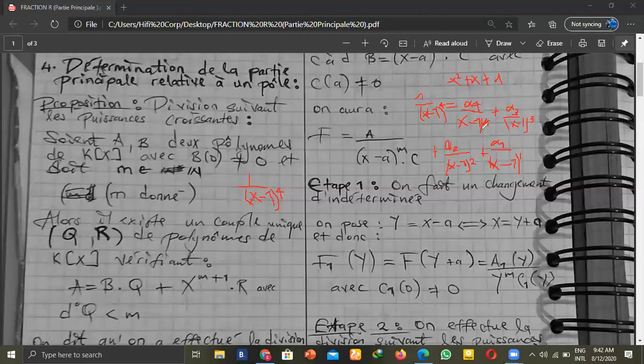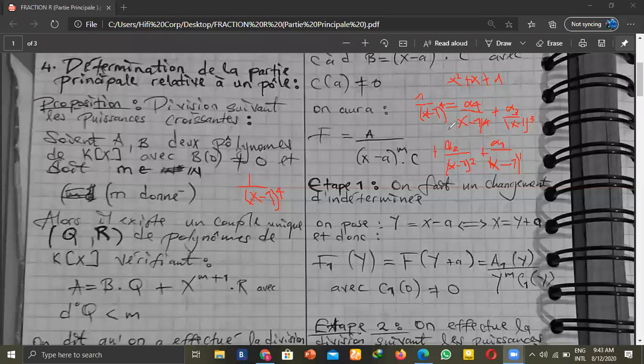The numerator is a polynomial of degree 1 because the denominator has degree 2, so it will start from degree 1. This one has degree 1, so it will start from degree 0. That's why we take this to be a constant.